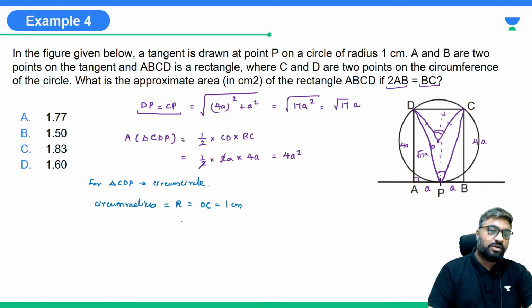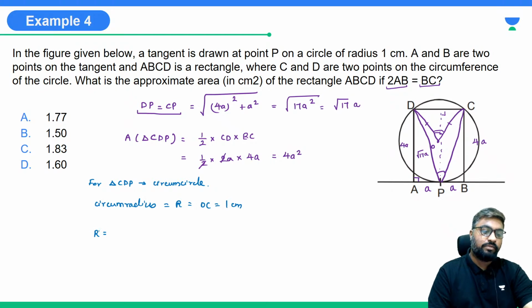So can we say the circumradius R is basically going to be equal to CD into CP into PD, divided by 4 times the area. Yes, 4 times the area, correct?